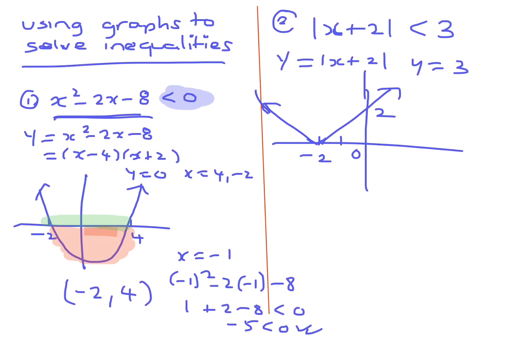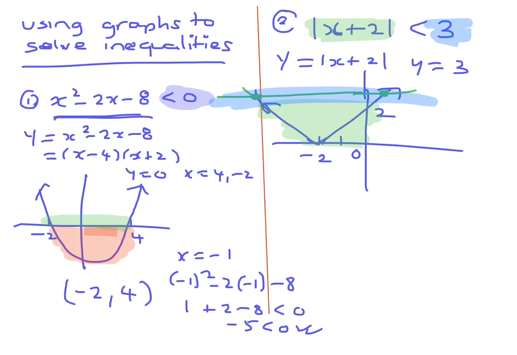And then when you put in the line y equals 3, let's put that in a different colour, so there's 3. Okay, so we're looking at where that curve, which is this one here, is less than y equals 3, which is there.